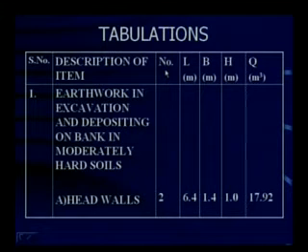Do you remember that in the earlier slide we have recorded the number of head walls as 2, because we have one head wall on the upstream side and the other head wall on the downstream side. The length also we have calculated as 6.4, the width as 1.4, the depth is 1.